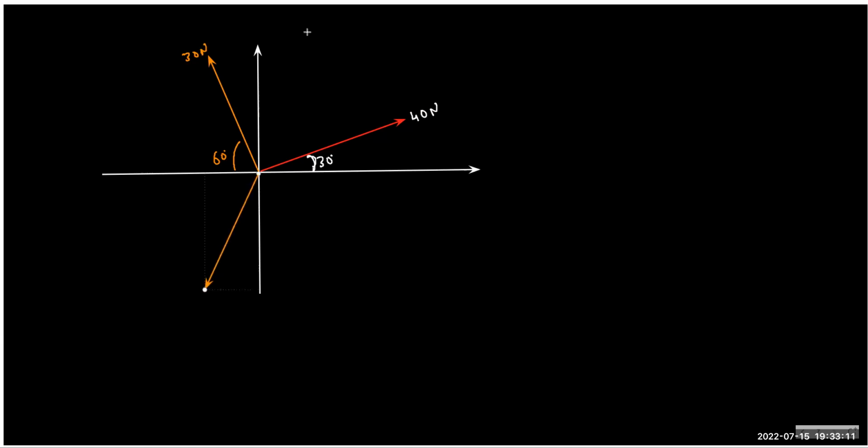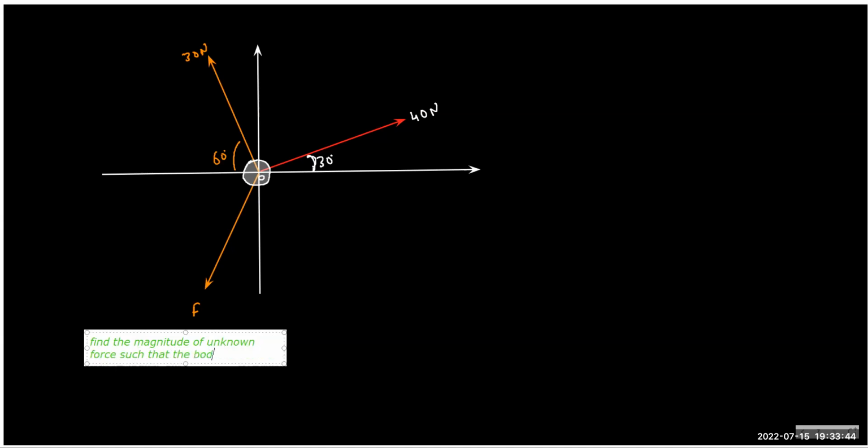I don't know how exactly. And we have a random body kept at the origin. So find the magnitude of the unknown force such that the body remains at rest.